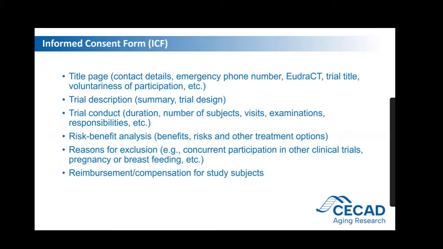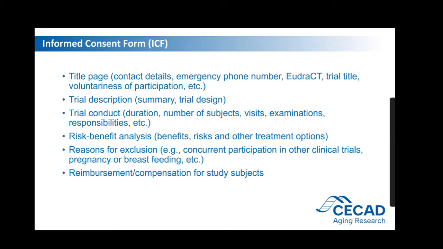In the patient information sheet, the whole trial should be described. So there should be a summary: how the trial is designed, how long it will take, how many people will be included, how many visits there will be with the different examinations, and how long all this will take for the individual subject and for the overall trial.